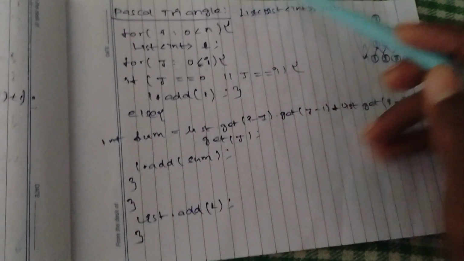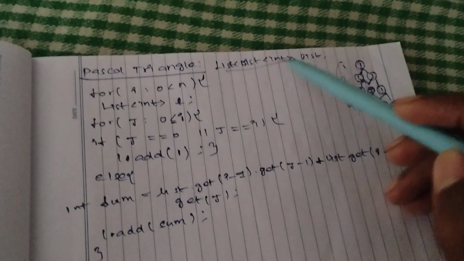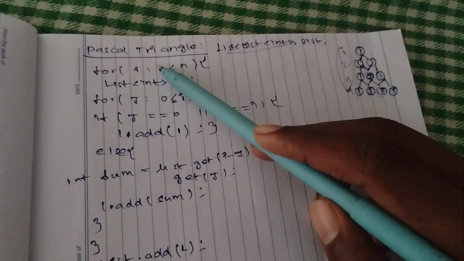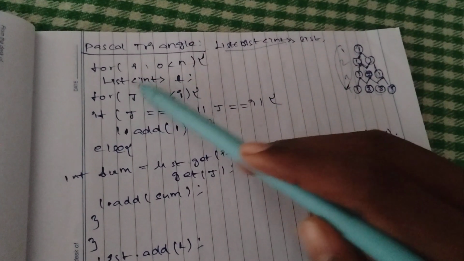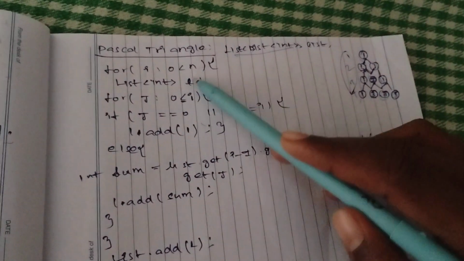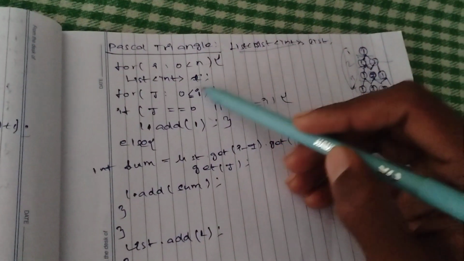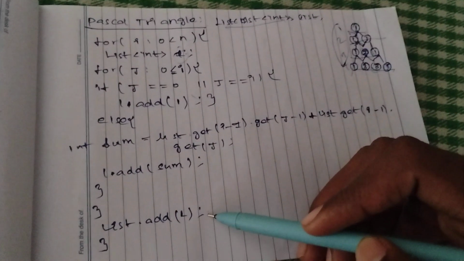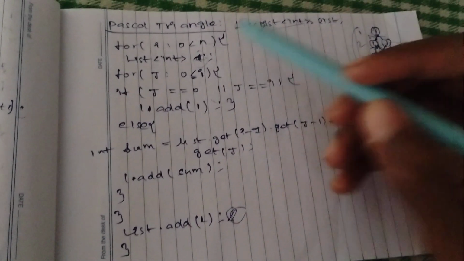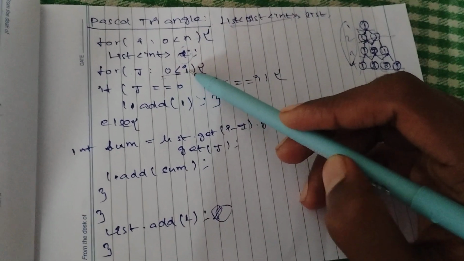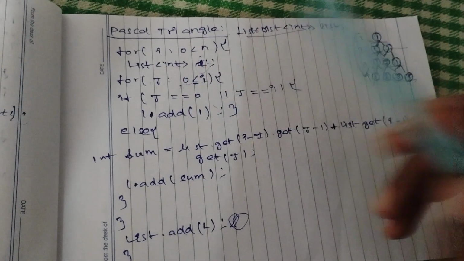For that we have to initialize a 2D list, and use a for loop which goes from 0 to the last row. Inside that we add a list for each row, and we are going to add this list to our 2D list. Inside we open another for loop from 0 to less than or equal to i.